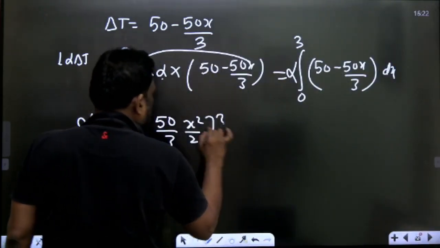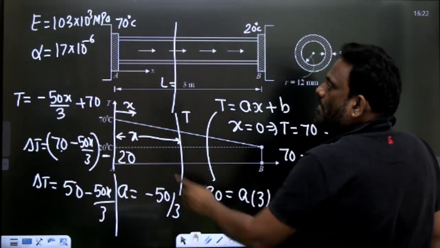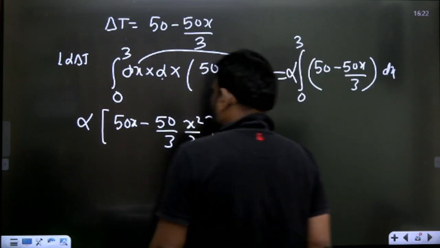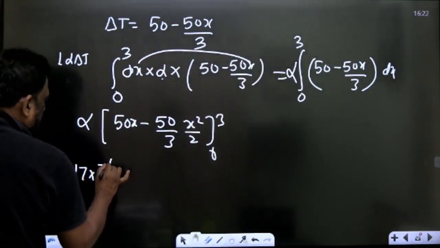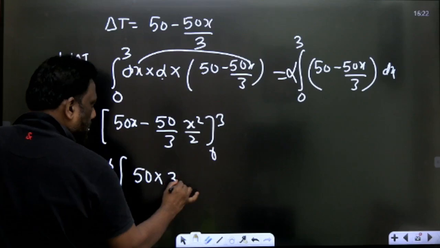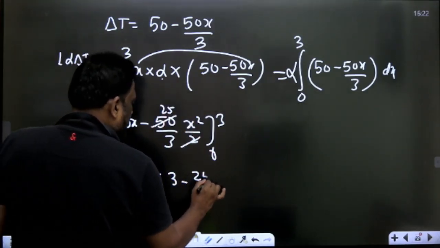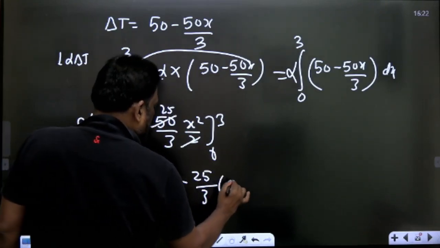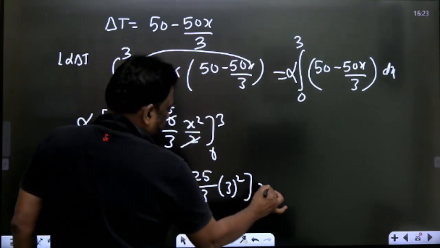Limits are 0 to 3. Alpha is given, I think. Alpha is 17 into 10 power minus 6, into 50 into 3 meter minus 25 by 3 square. But you will get this in meter because x is taken in meter.